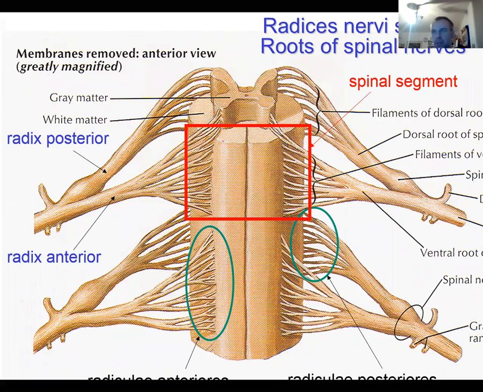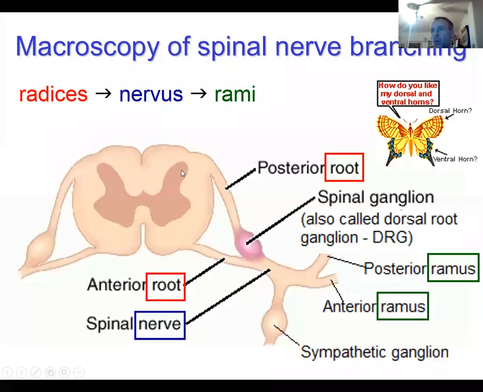On the section, we do not call these structures columns anymore, but we call them horns. So now when we have this figure, we can see the gray matter forms horns, and the white matter forms the so-called funiculi. As for the horns, we call them very easily a posterior horn, an anterior horn, and a lateral horn.